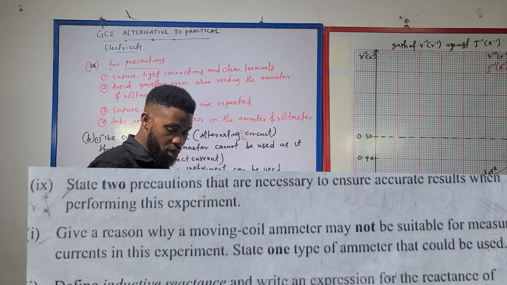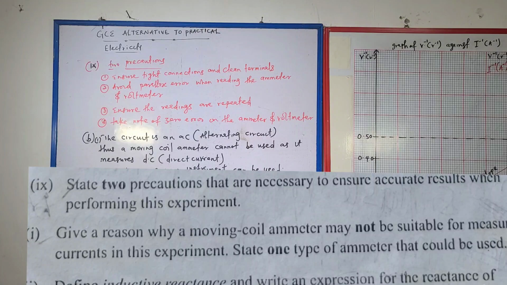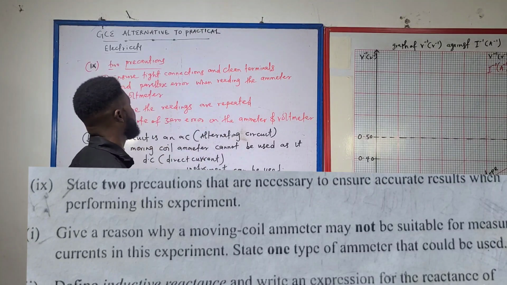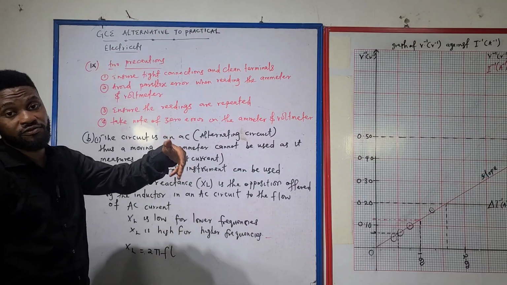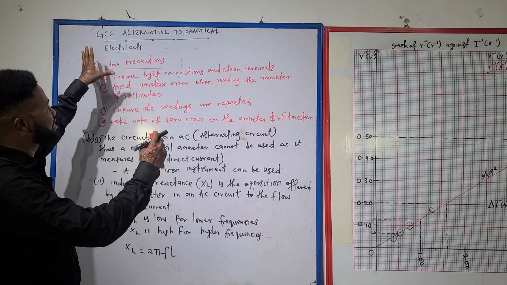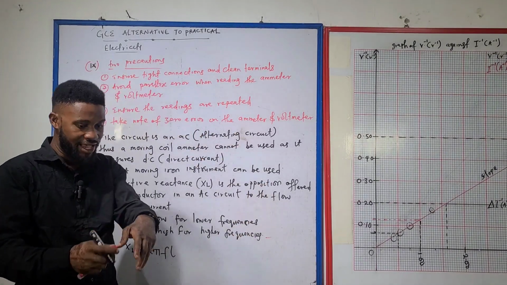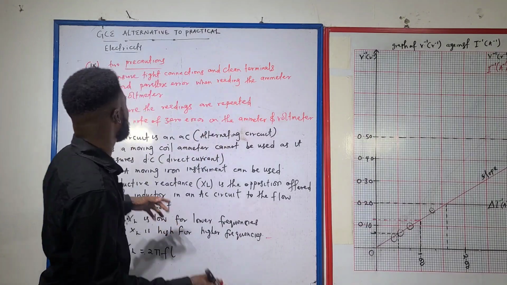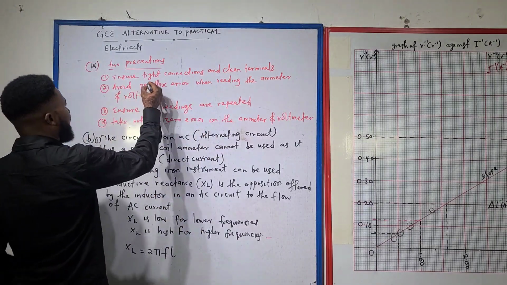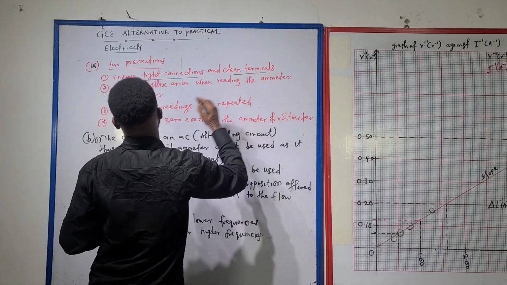We were told to state 2 precautions necessary if we were to perform this experiment, as against when it is the alternative to practical. So what are the precautions? The first thing, when you're dealing in electricity, because of your wires and your solenoid, as you can see in this experiment, you need to ensure tight connections and clean terminals.